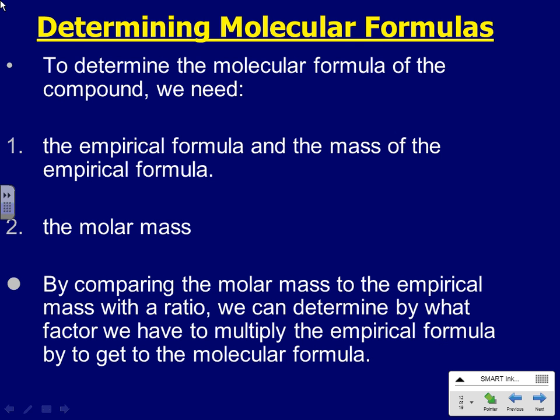On Friday, I showed you how to determine the empirical formula, the simplest formula. For some molecules, we know that the simplest formula doesn't tell the whole story, and some molecules are made up of more than one chunk of that simplest formula.